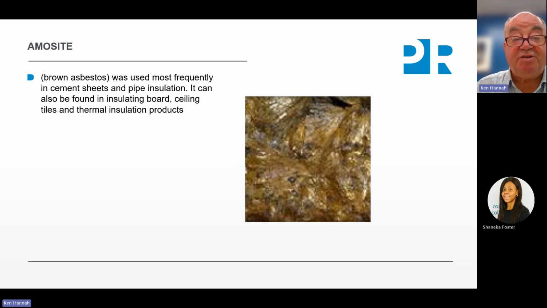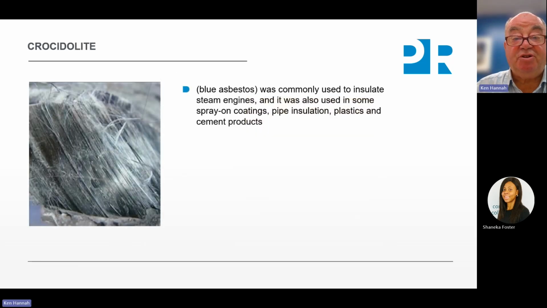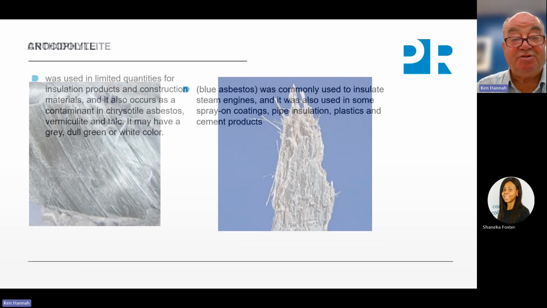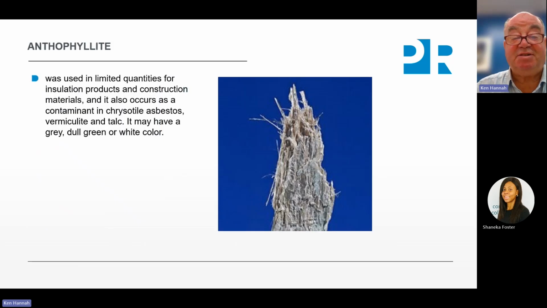It can also be found in insulating board, ceiling tiles, and thermal insulation products. Blue asbestos was commonly used to insulate steam engines, and that's crocidolite, and it was used in some spray-on coatings, pipe insulation, plastics, and cement products. And as you'll see as we go through this, virtually everything could include some form of asbestos if it predates 2000.